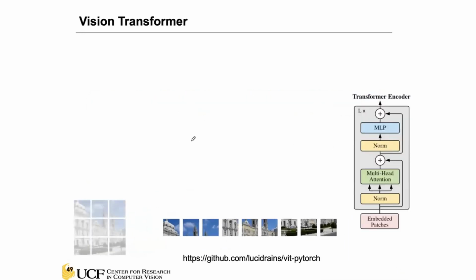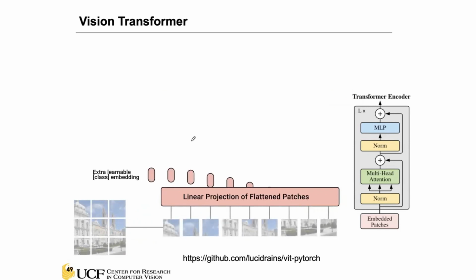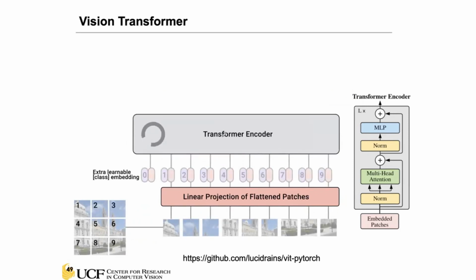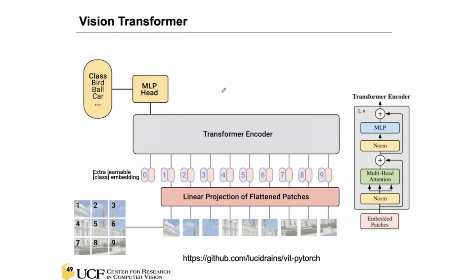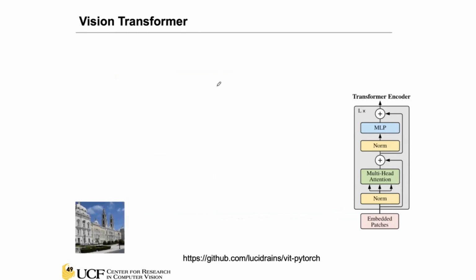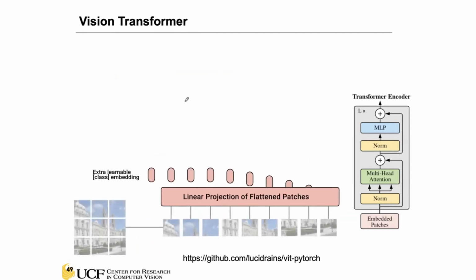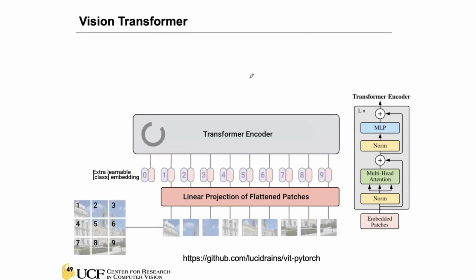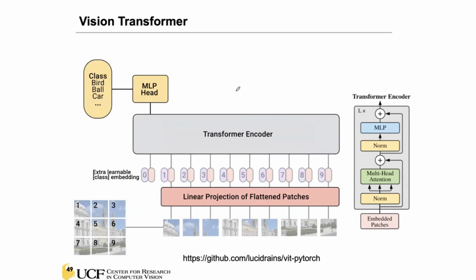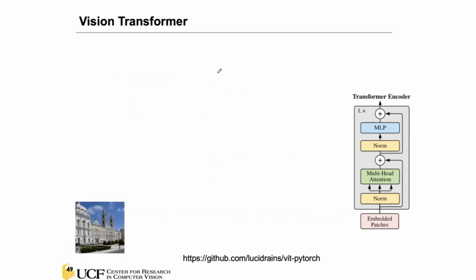Because most of the components or building blocks are the same, the only difference is that here we are not doing translation, especially if we're doing image classification. The input is an image, and we have an output, a one-to-one mapping, not like translation, where we have many-to-many mapping. We have an input sequence, and the output is also a sequence.